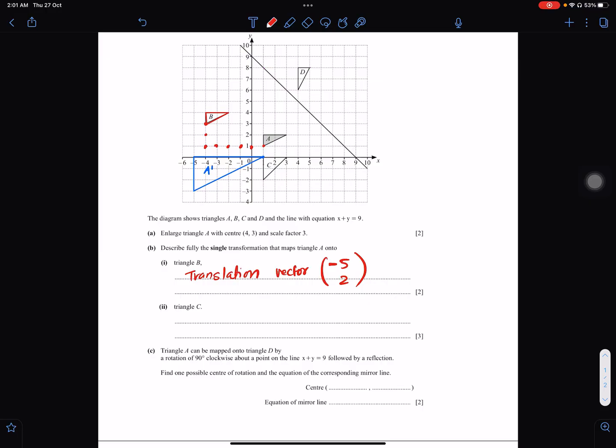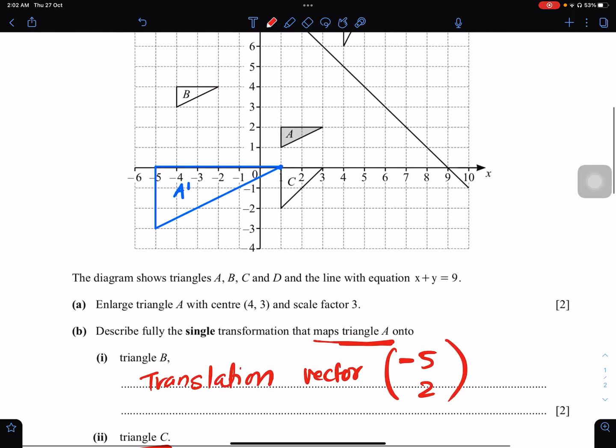Going back to the same question, the second part: we have to map the triangle A to the triangle C. Now A to C seems to be like an enlargement, but they are not an enlargement, because we can see that they have some horizontal line which is acting as an invariant line. But what is that horizontal line? That also has to be identified.